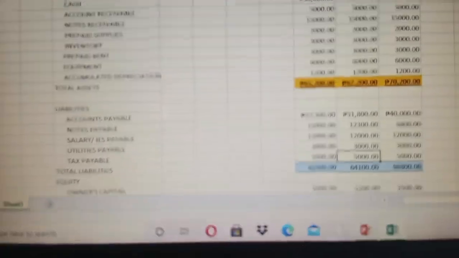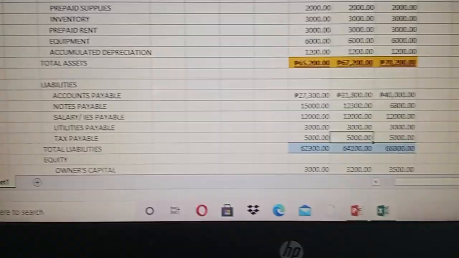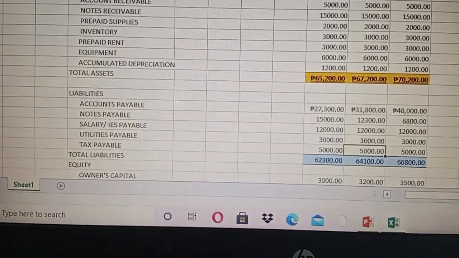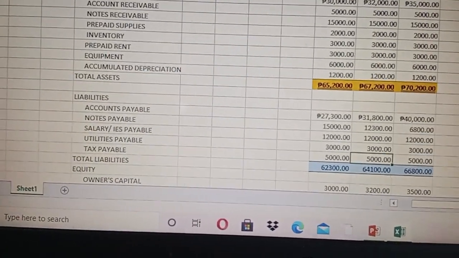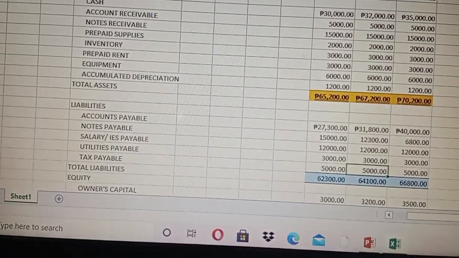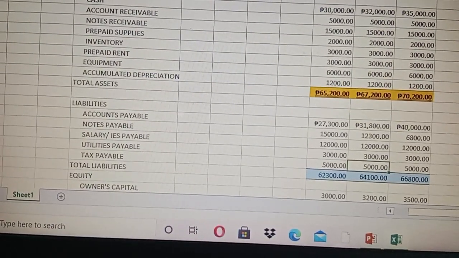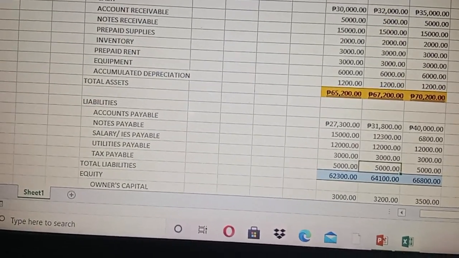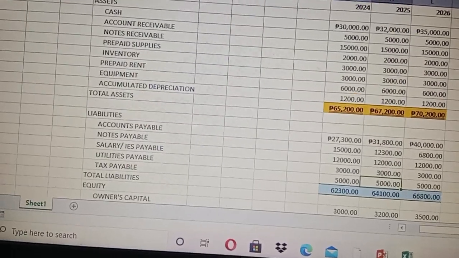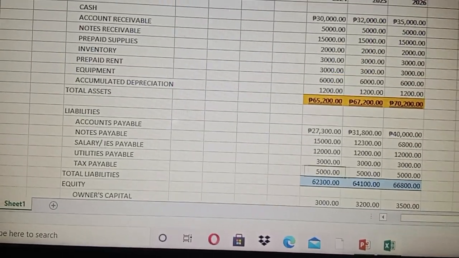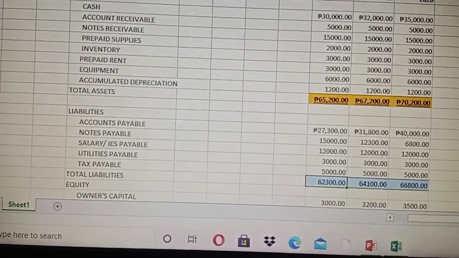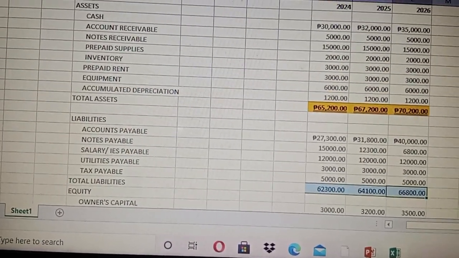But for micro business as a bracket, if it is earning just a minimum, they automatically provide a minimum computation. So just have an estimated minimum computation of 5,000 for the whole year of the micro business earnings. Then of course, you sum up the liabilities and get the total.